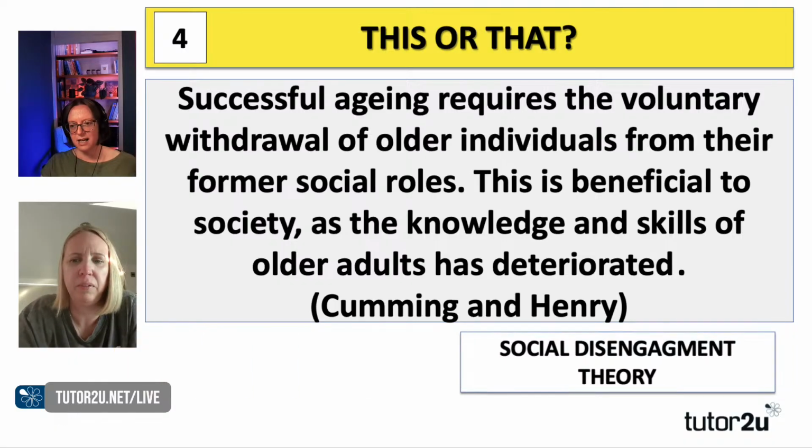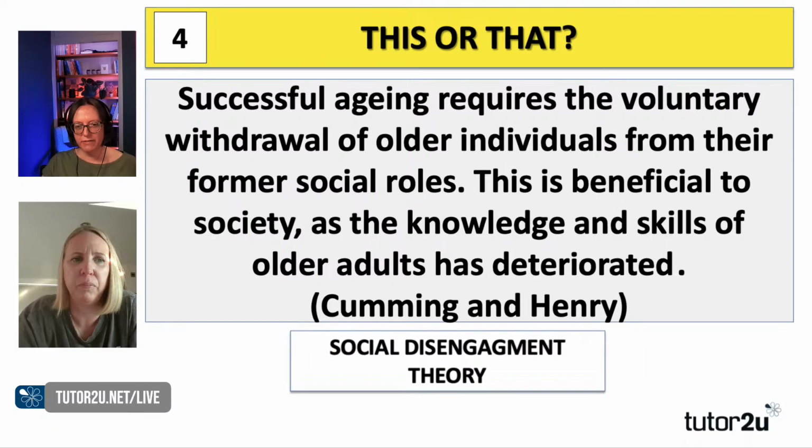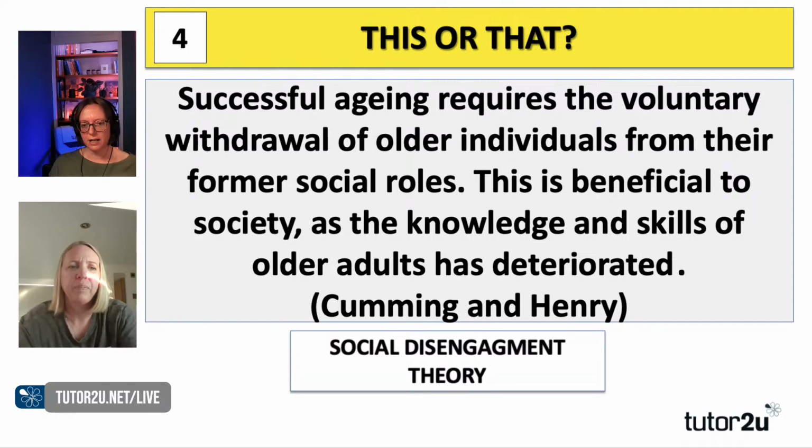We generally say that that doesn't really fit with our modern experience of aging and society, because yes, older adults do retire, but they take on new roles, and actually their knowledge and skills don't suddenly just go away. Our grandparents do things like childcare, they may volunteer, they may mentor other people. Also, it's culturally not appropriate to everyone, because in lots of societies, older people are considered to be extremely wise and extremely valuable and of benefit to society.